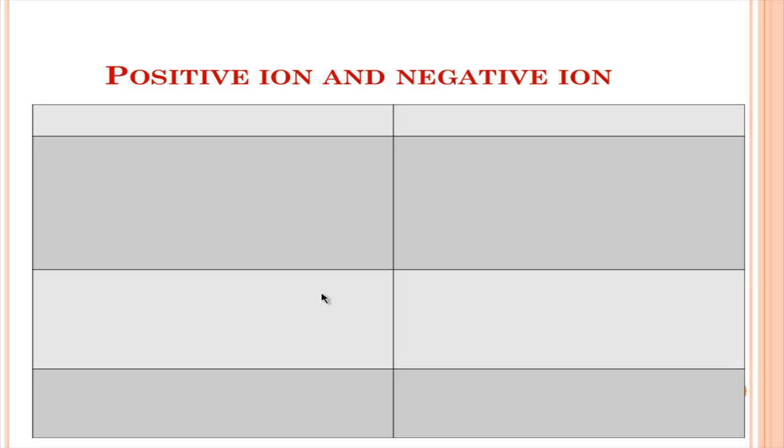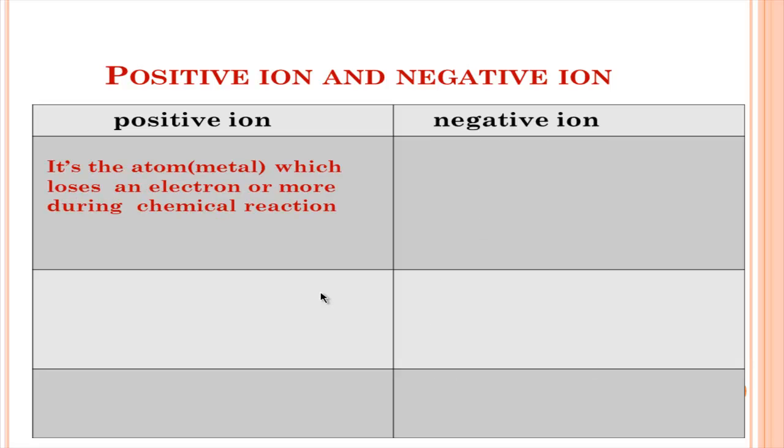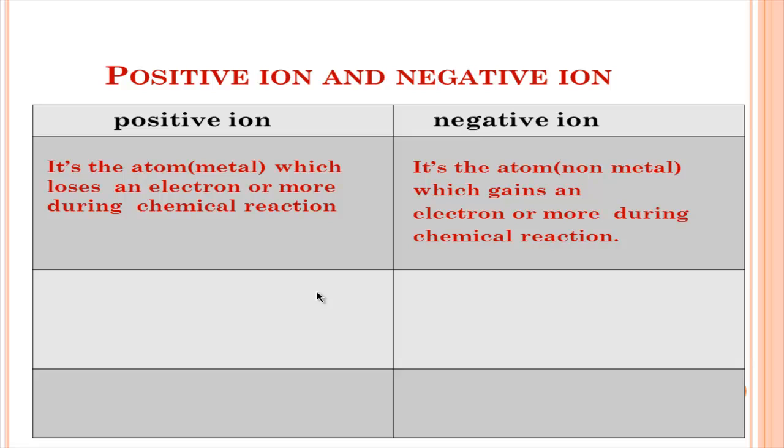Now we will have a comparison between positive ion and negative ion. Positive ion is the atom of a metallic element which loses 1 or more electrons during the chemical reaction, while negative ion is the atom of a non-metallic element which gains 1 or more electrons during the chemical reaction.